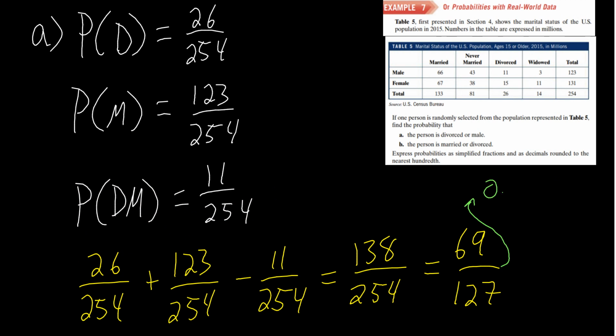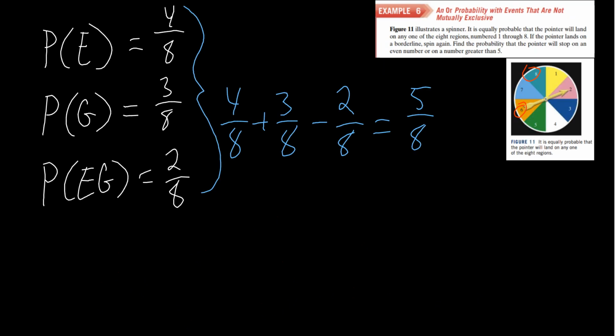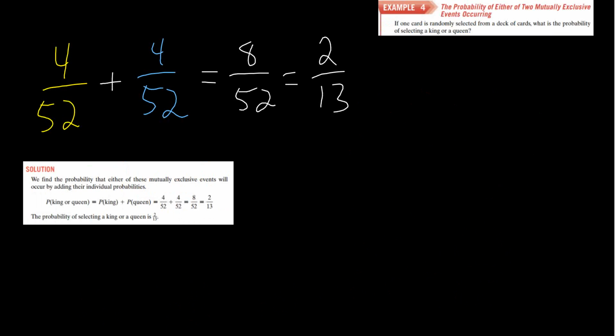So 0.54. And on this problem, 159 divided by 254 is 0.63. And I'm wondering if the previous problems were like that and I didn't read it. No, it doesn't say anything about decimals. Okay, good.